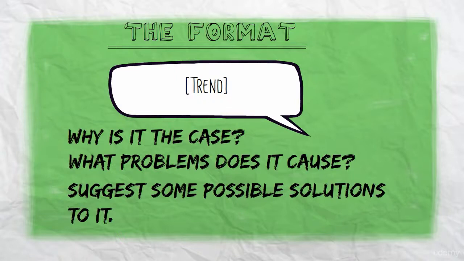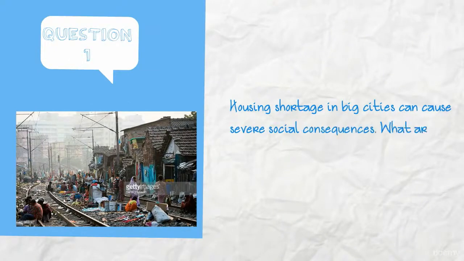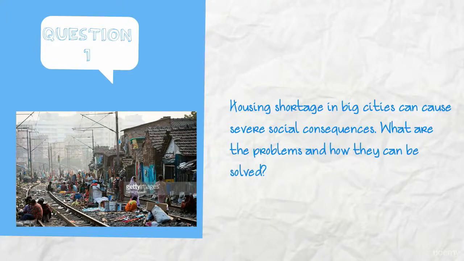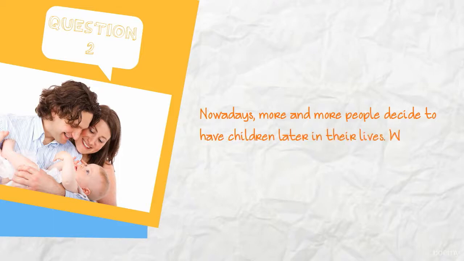Here are a few examples. Question 1. Housing shortage in big cities can cause severe social consequences. What are the problems and how can they be solved? Question 2. Nowadays, more and more people decide to have children late in their lives. What are the reasons?